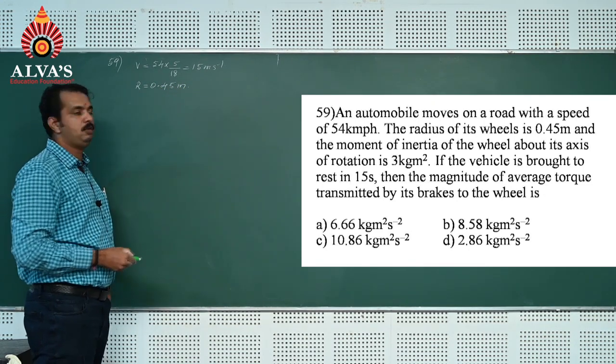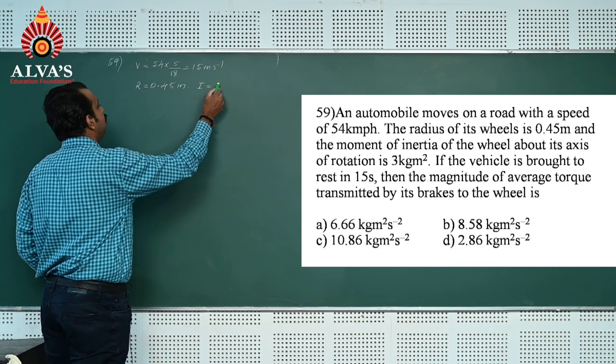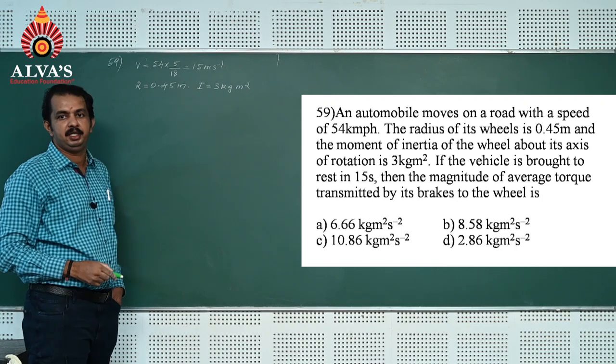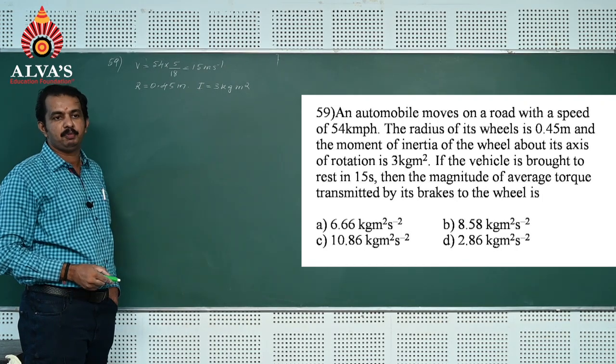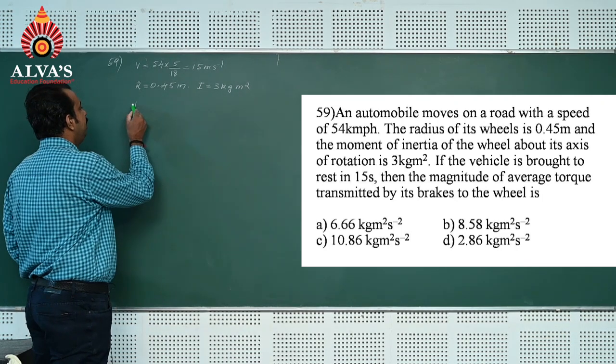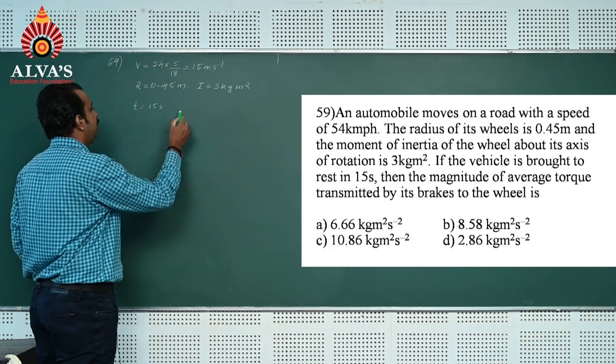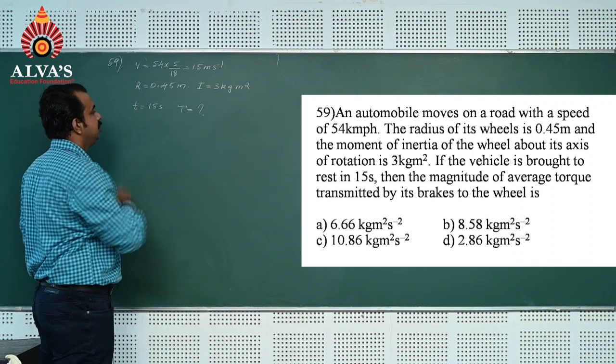Then moment of inertia I is equal to 3 kg meter square. If the vehicle is brought to rest in 15 seconds, time t is equal to 15 seconds, then how much is the torque transmitted by the brake, is the question.